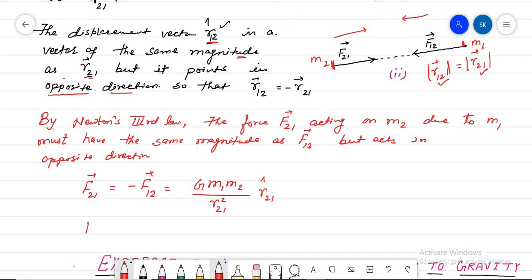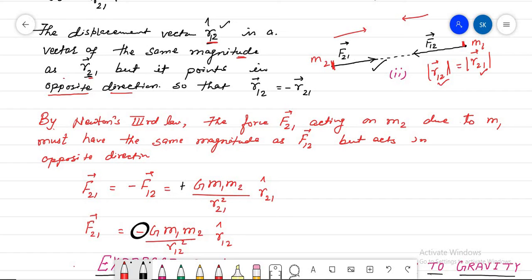Similarly, you can write F12 is finally minus G M1 M2 upon R12 square of this one and the unit vector of R12. This is just the opposite sign. You can see here it is negative, and there is no negative here, that means there will be a positive sign, that means both are in opposite direction as we showed in here.